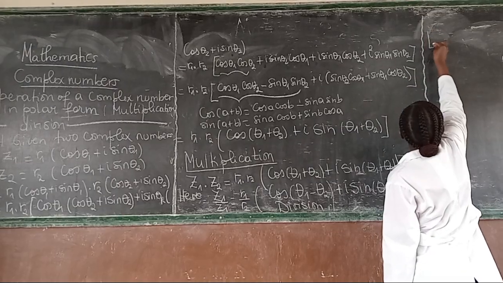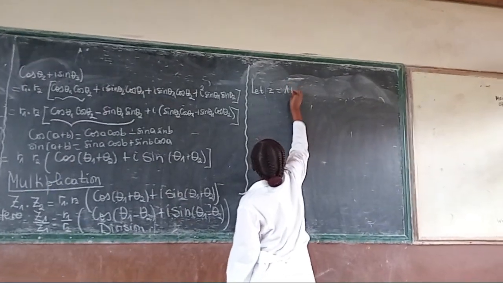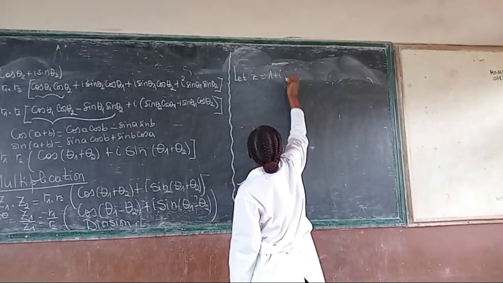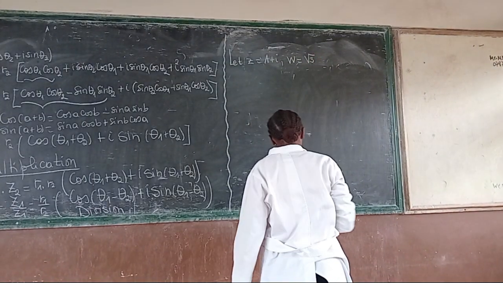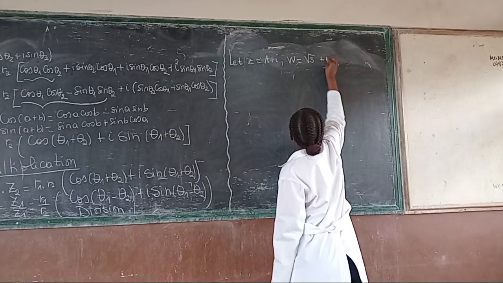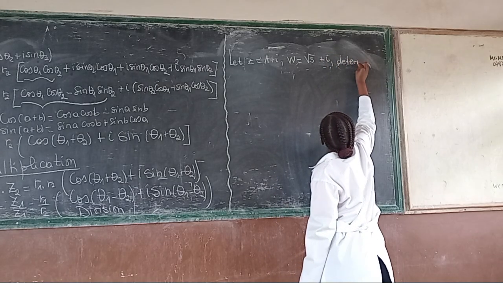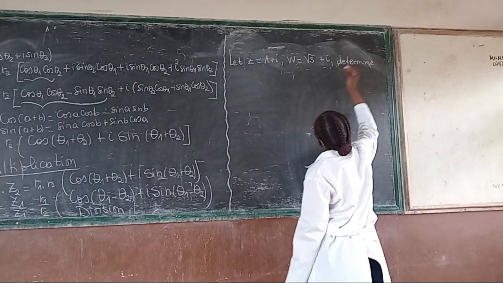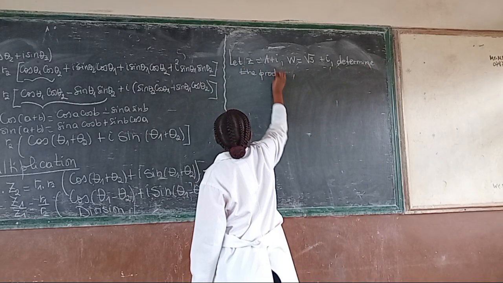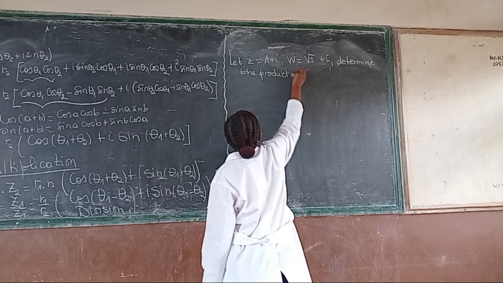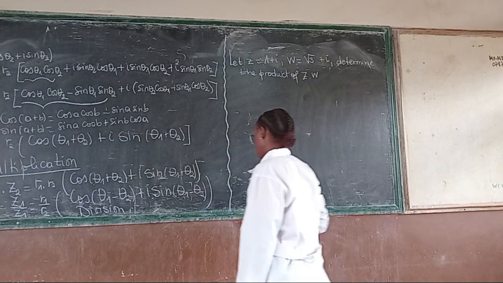Let z be equal to 1 plus I. Then we have w, which is equal to square root of 3 plus I. So determine the product of z times w.